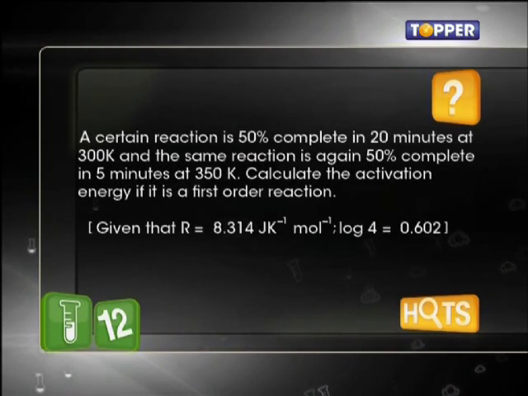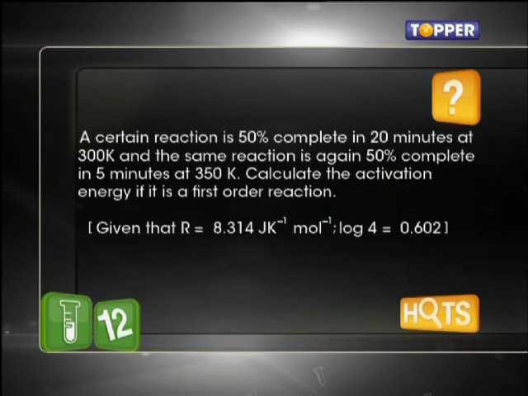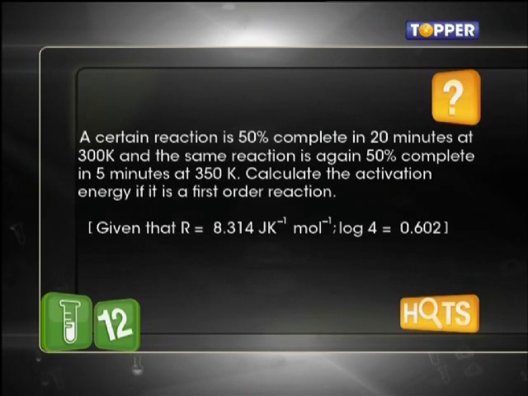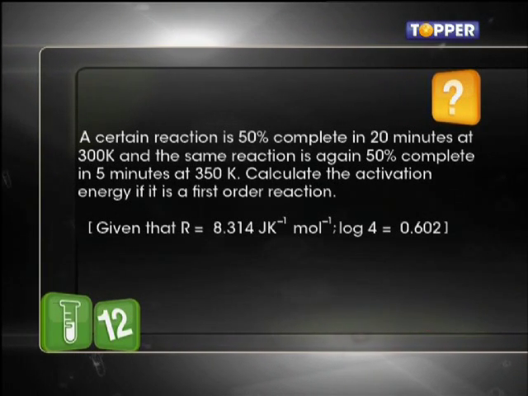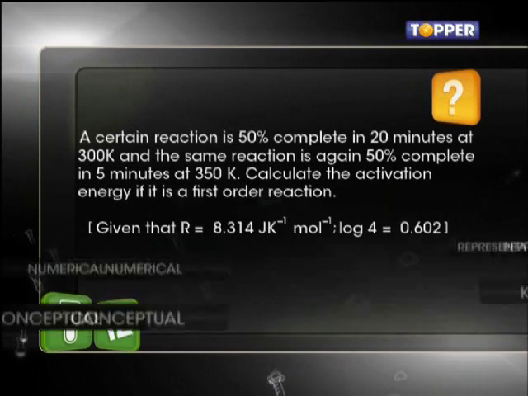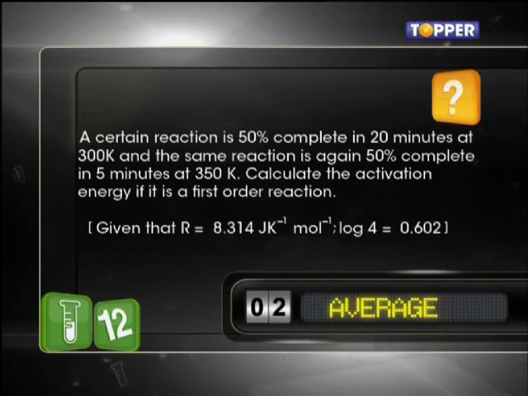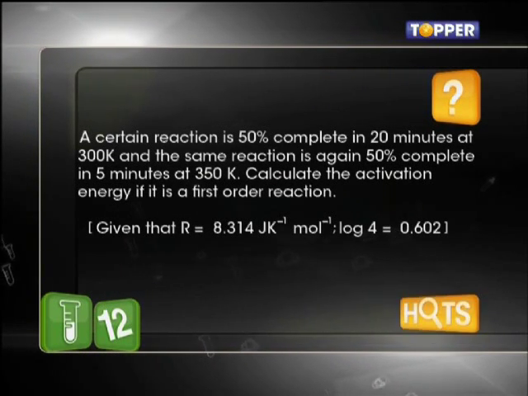The value of log 4 is given as 0.602. While asking this question, the examiner wants to check your numerical ability. This numerical is for 2 marks and is of average difficulty level.